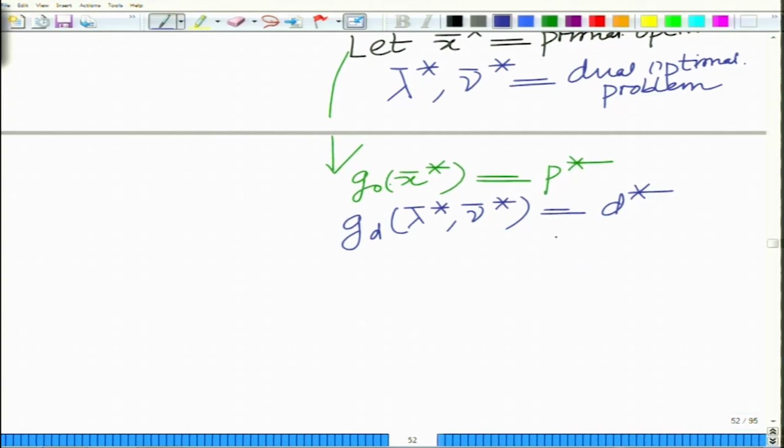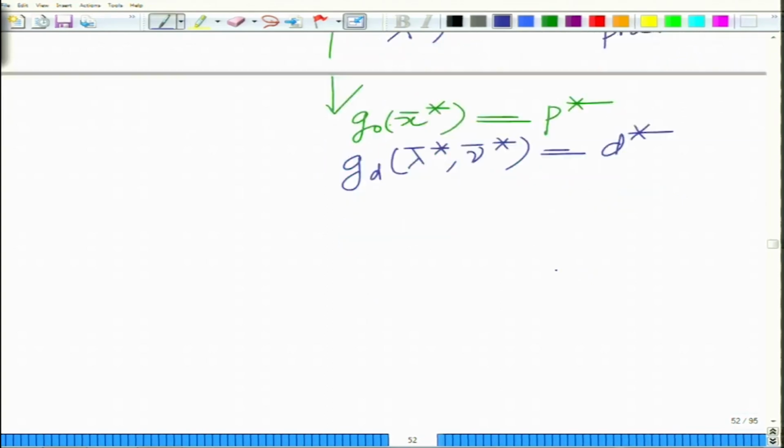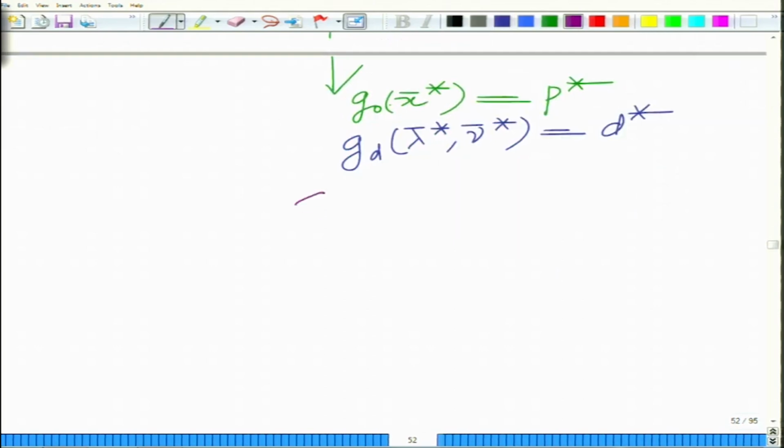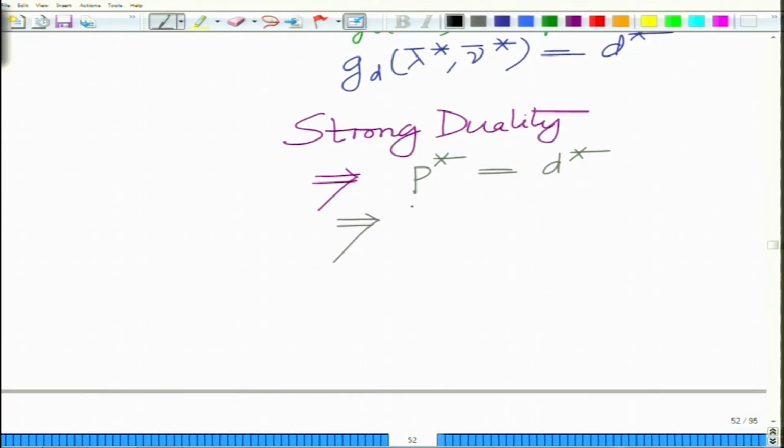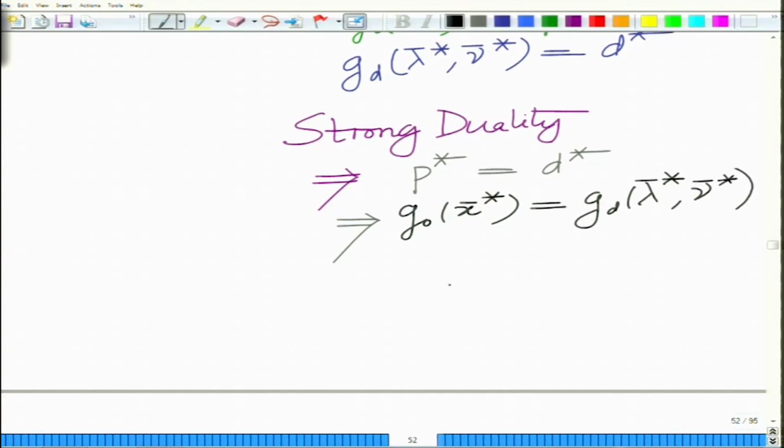So, from strong duality we have P star equals D star, which implies that G naught of x bar star equals the dual function G D of lambda bar star, nu bar star.